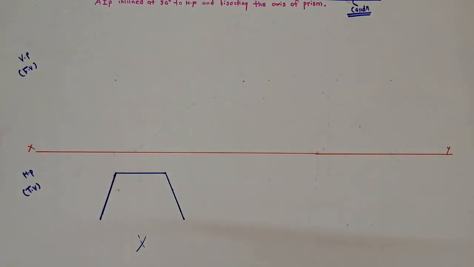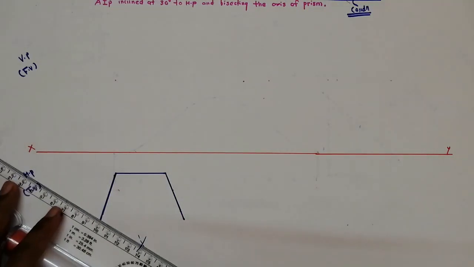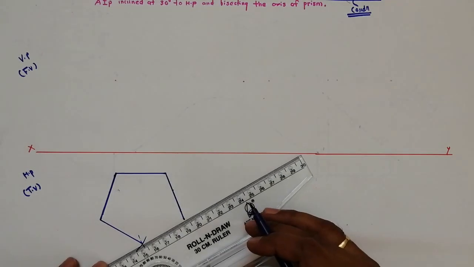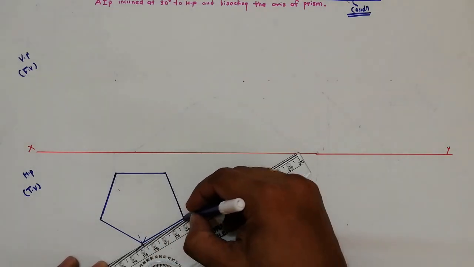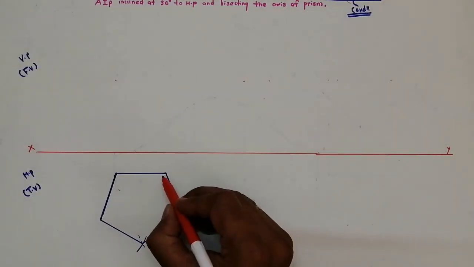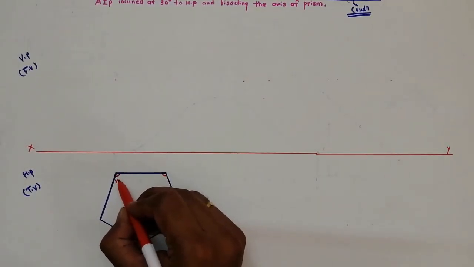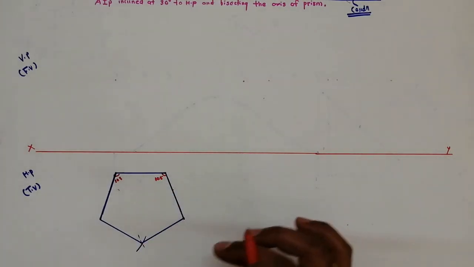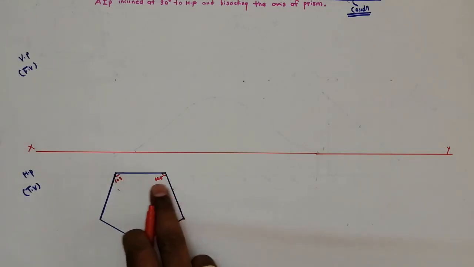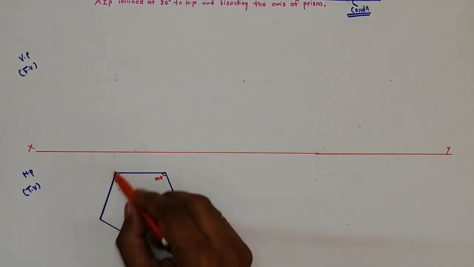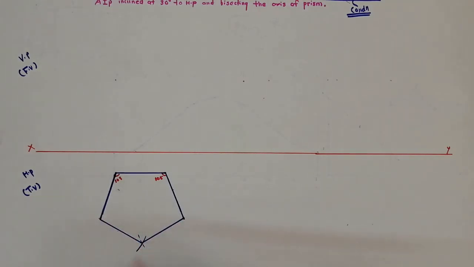We will join this, so we have drawn the pentagon, in which the included angle is 108 degrees. So construct the pentagon using first the side equal to 40 mm, take a 108 degree angle at both ends, this is 40, this is 40, and from these again 40 and 40.